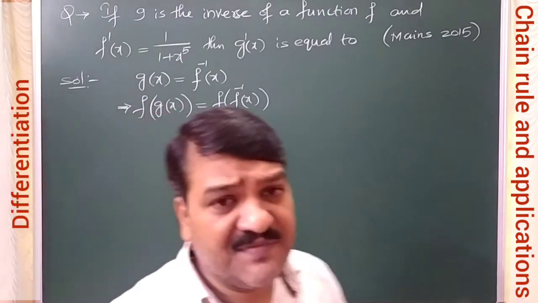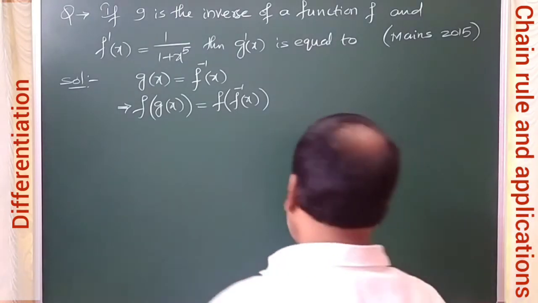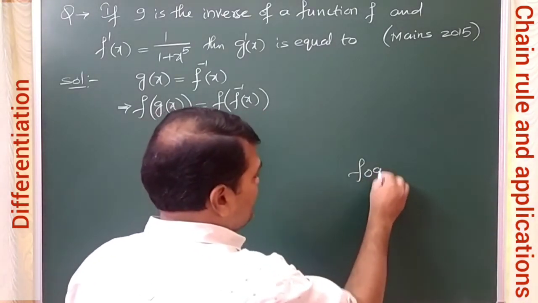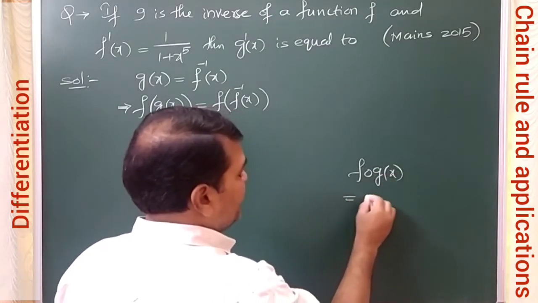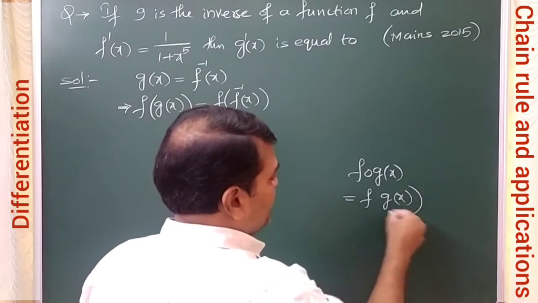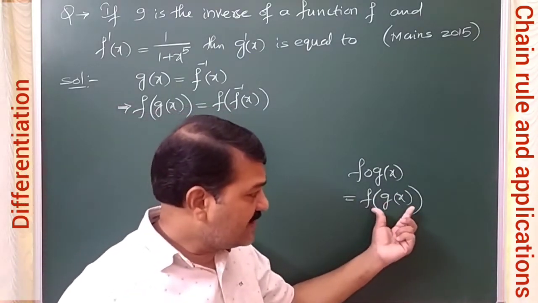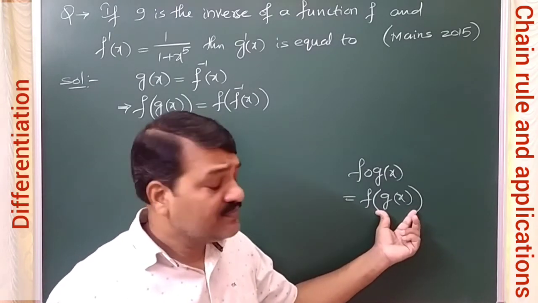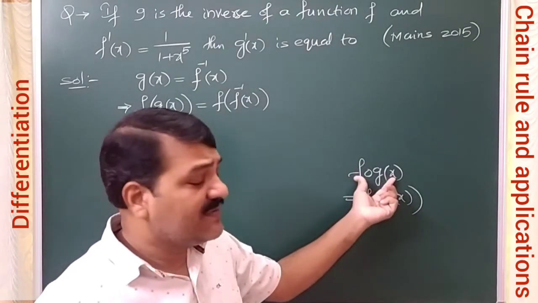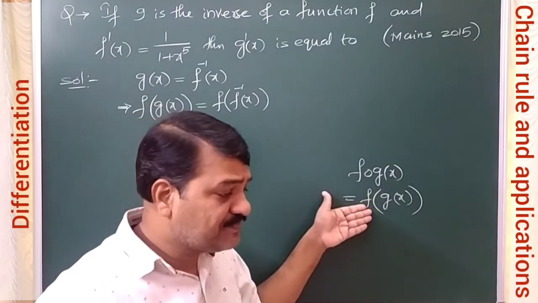So for composite functions also, the same chain rule we will be doing. f of g of x is the same as f circle g of x. For f of g of x we have discussed chain rule, and the same will be applicable for f circle g of x, for composite functions also.